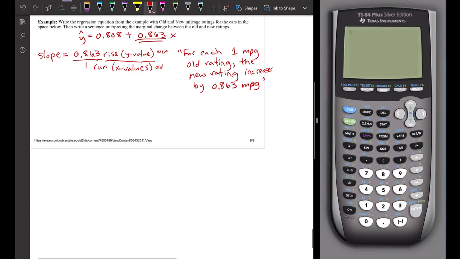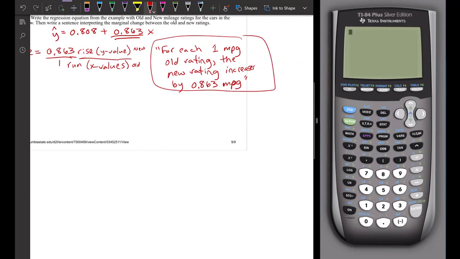Something like that would be an easy way to talk about your new mileage rating and old mileage rating relationship right there.